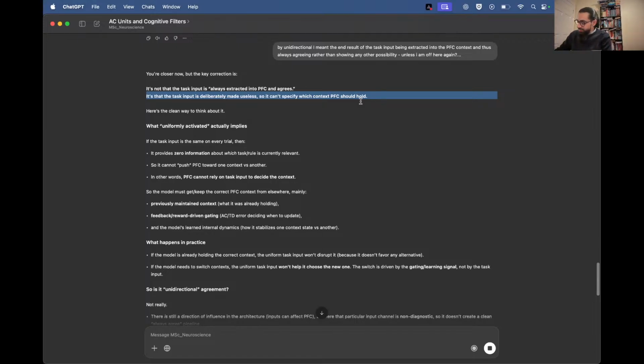Right, so the task input is deliberately made useless, so it cannot specify which context PFC should hold.